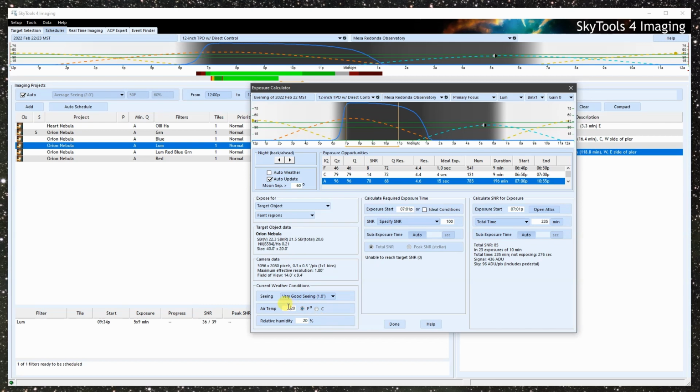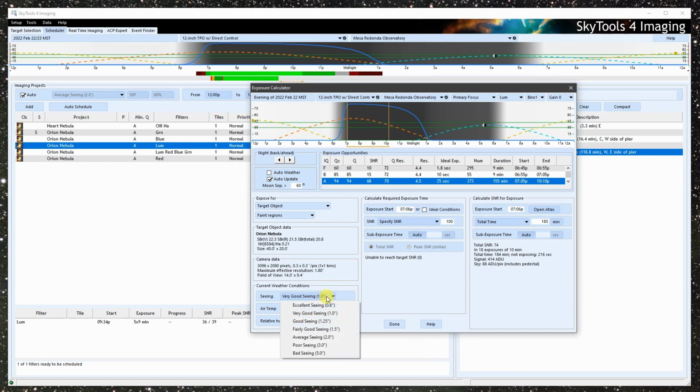So on nights when the temperature is much higher and the humidity is higher, we have more atmospheric extinction, and that means we have to start a little later and end a little earlier because we don't want the thing to be interfered with by the altitude.